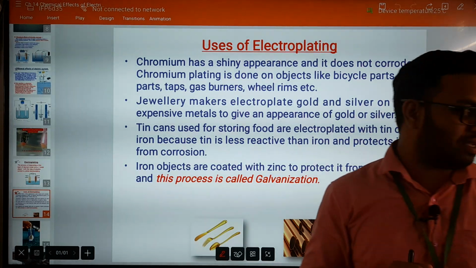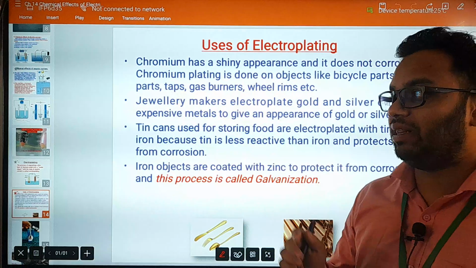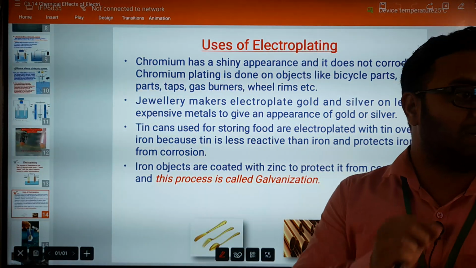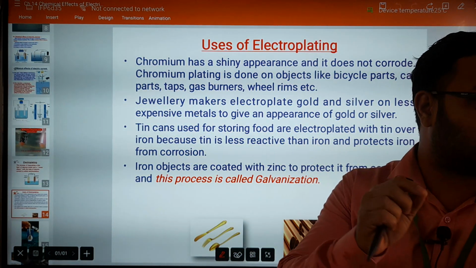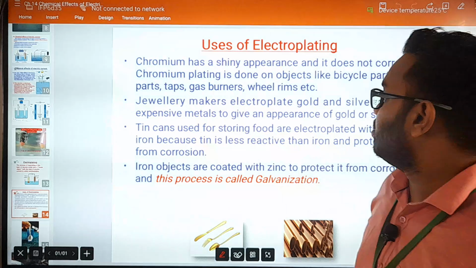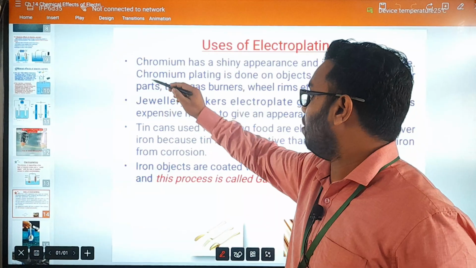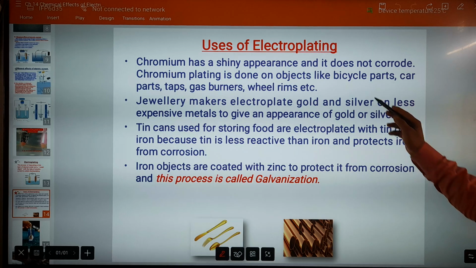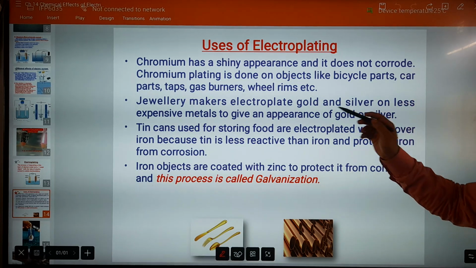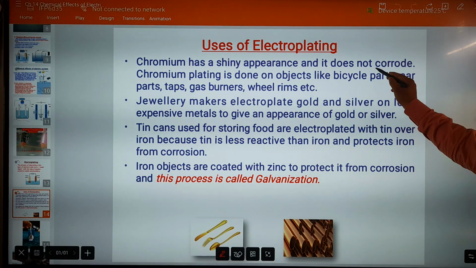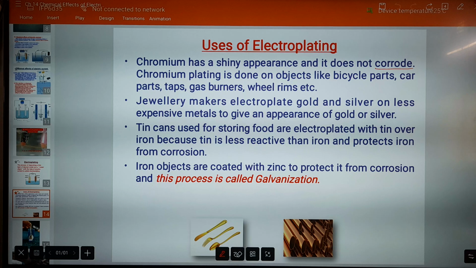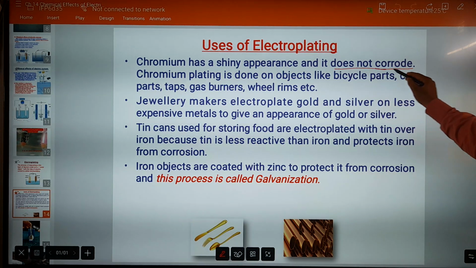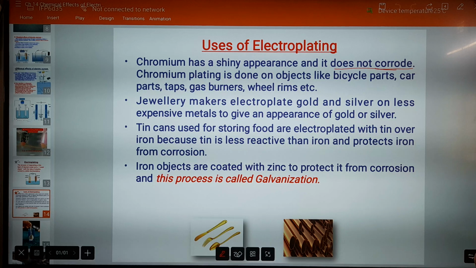It shines very much in the sunlight, and it will give a white shiny appearance. So you see here chromium has a shiny appearance and it doesn't corrode. Corrosion means rust. It will not happen, what? Rusting.